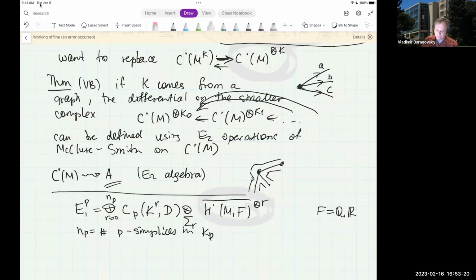Once we have things on the level of cochains, then again there are some conjectural formulas on what should be happening for the spectral sequence, but maybe that will be some other time. I need to think through some of the formulas more carefully. Okay, so that's all I wanted to say for today.